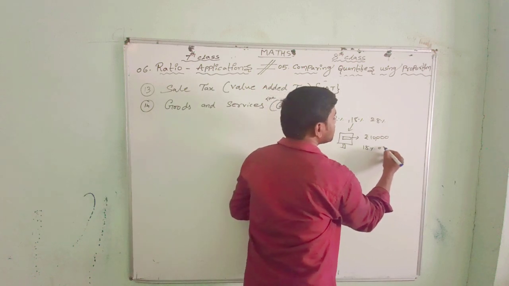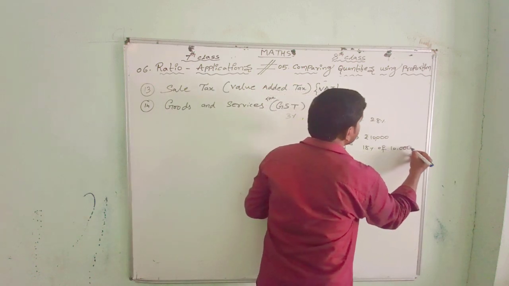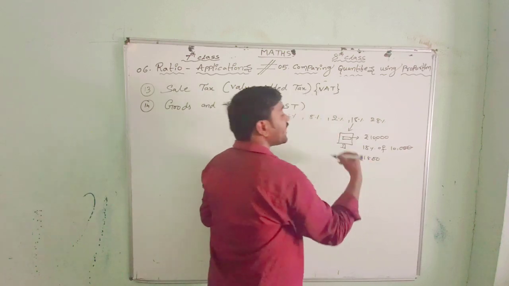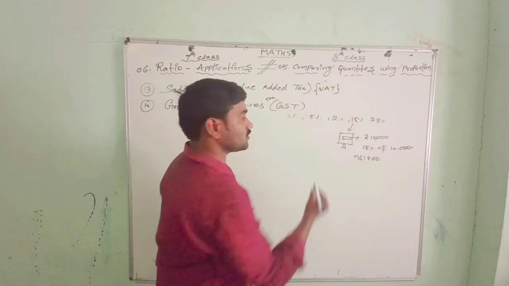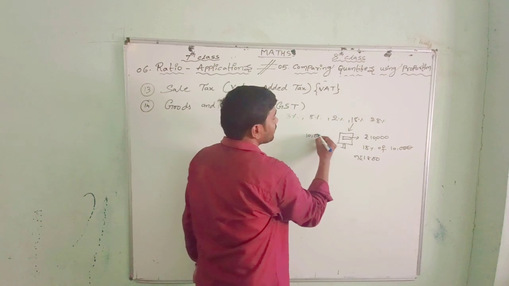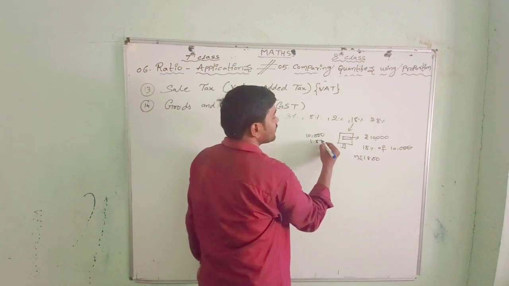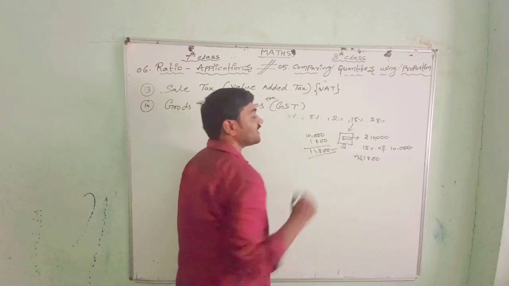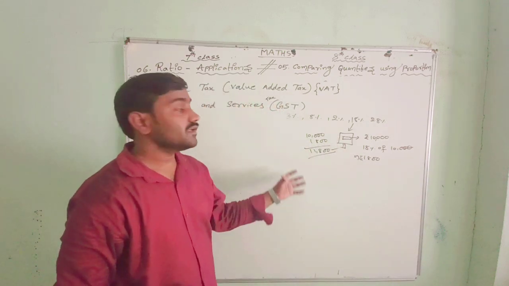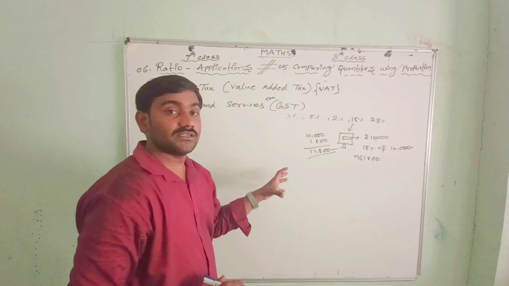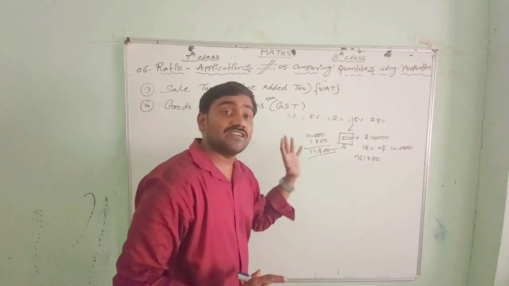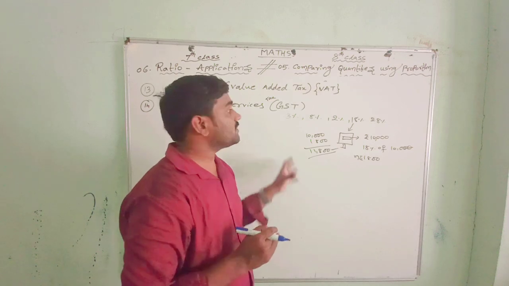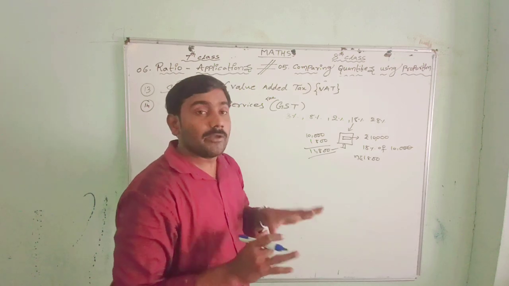Then 18% of this 10,000, cutting two zeros, becomes 1800 rupees. We have to pay 1800 rupees more on this 10,000, so 10,000 plus 1800 means 11,800 rupees we have to pay on this TV. That means GST will increase our selling price.